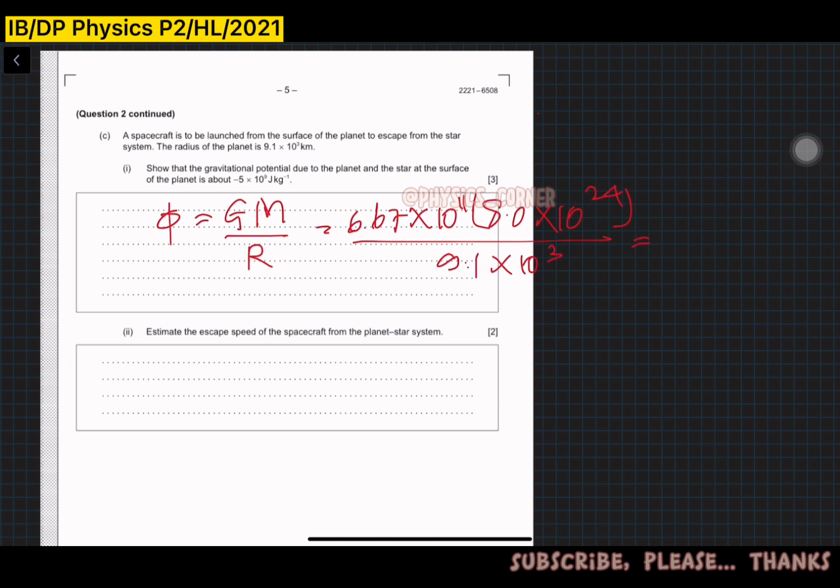So 6.67 times 8 divided by 9.81, this is about 5.8. Wait, I will check about G first.